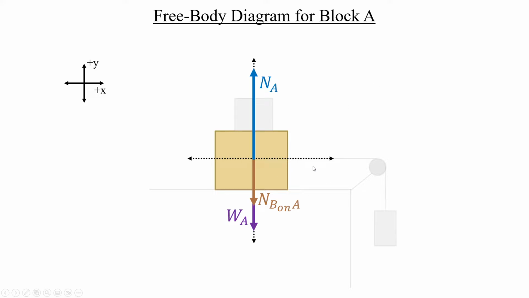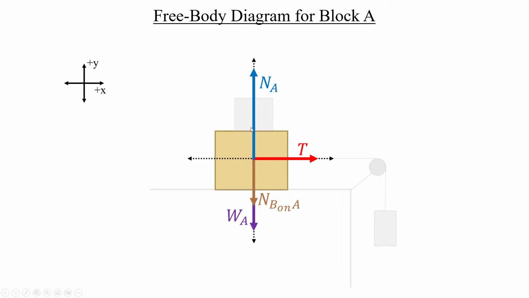And the first one is pretty obvious. There's this wire sticking out of the block, so let's begin with the tension, which points to the right. And we know that there is static friction from block B acting on block A, and that it has to act in the direction opposite to the direction that the blocks are moving in.